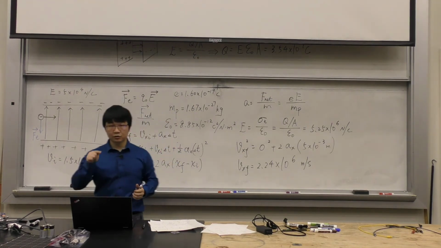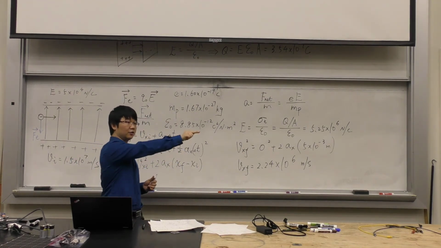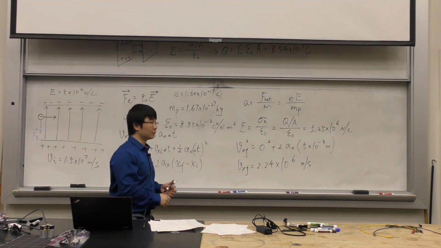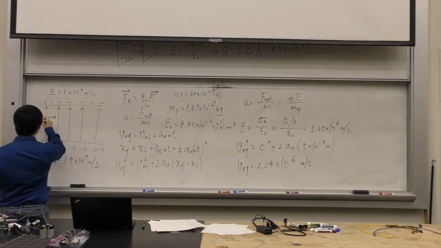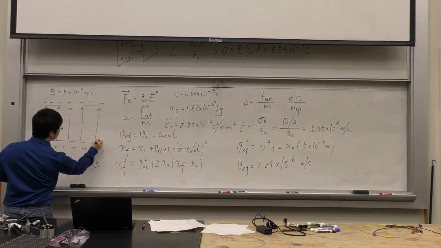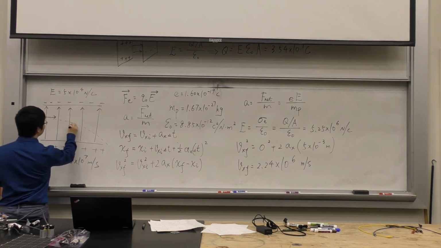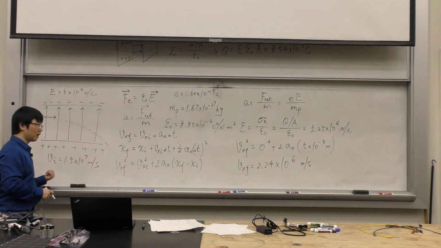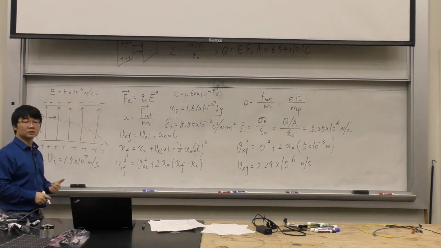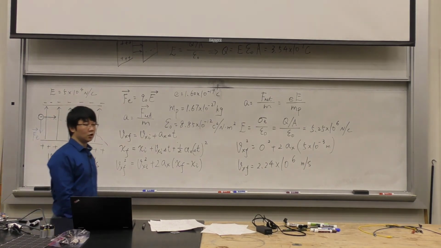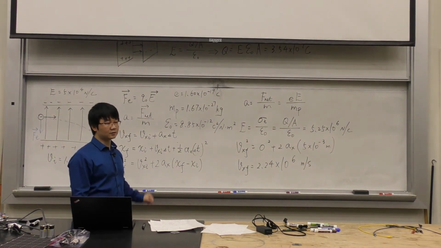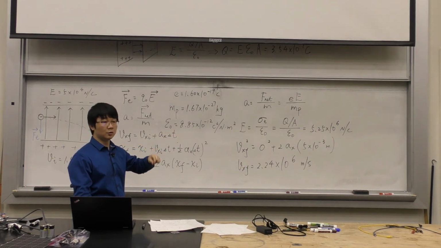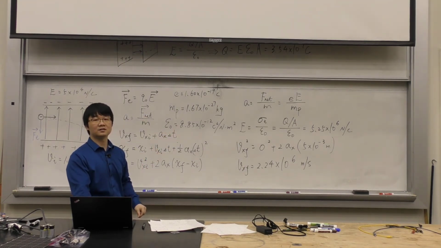The electron feels the force down, but it has an initial velocity in this direction, so the constant force always pulls it down. So it's going to be moving like this, in a parabola, not in a straight line. Does this remind you of a motion we learned in physics 1? Something has a horizontal initial velocity, but there's a constant force pulling it down. What is that motion?